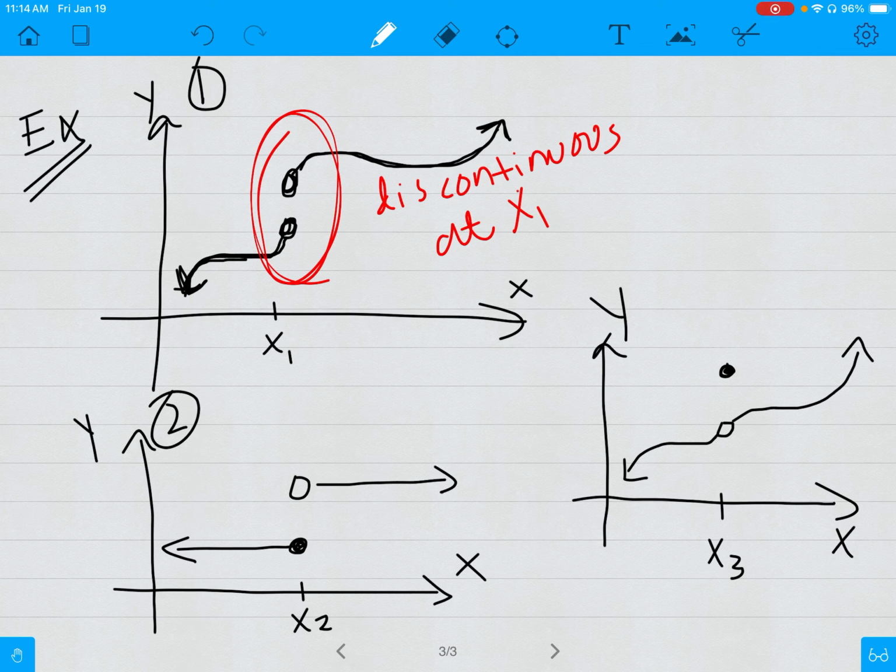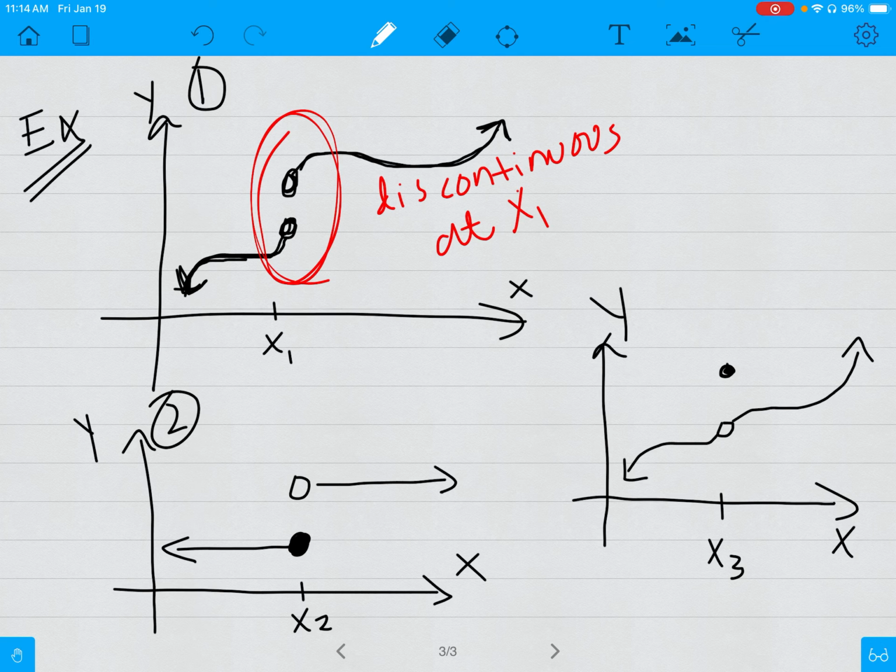Now, by contrast to the first graph, this function does actually exist at x2. It is defined at x2. It's defined at whatever this particular point happens to be, the closed circle. So it's not that it doesn't exist there.